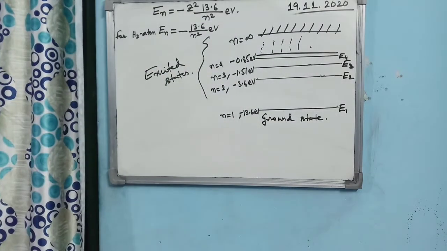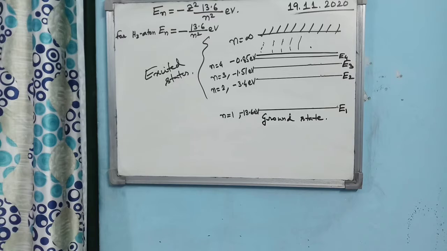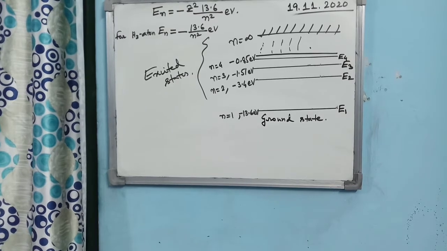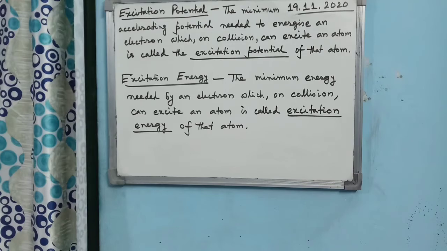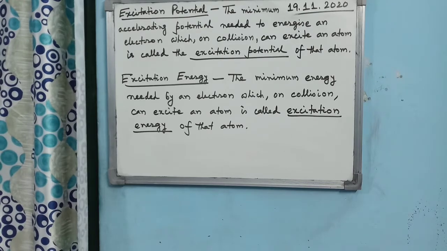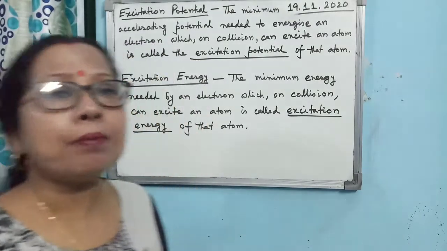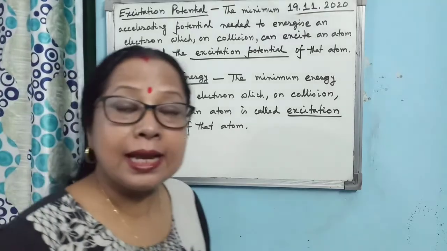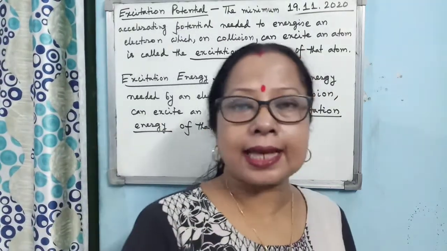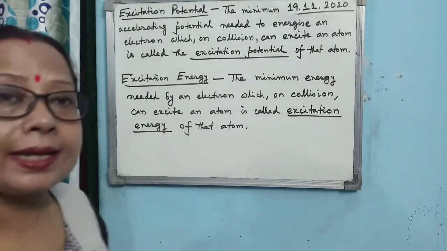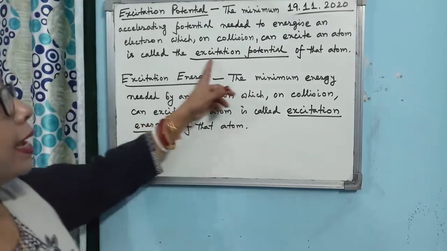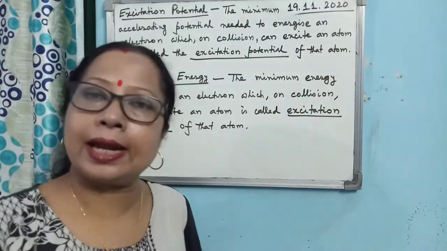So you have to learn, write and understand the definitions of excitation potential and ionization potential. What is the definition of excitation potential? The minimum accelerating potential needed to energize an electron, which on collision can excite an atom, is called the excitation potential of that atom.